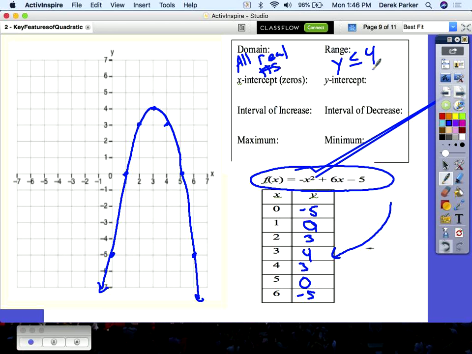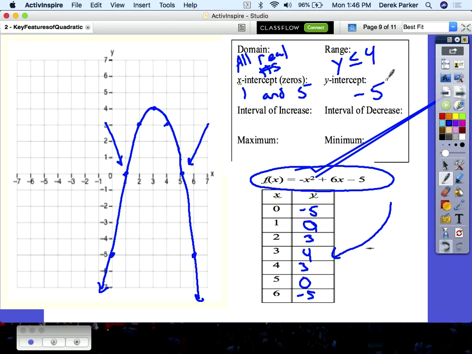X-intercept, where y is 0. The x-intercepts are 1 and 5. That's where it's hitting. Y-intercept. In this case, the y-intercept is -5.